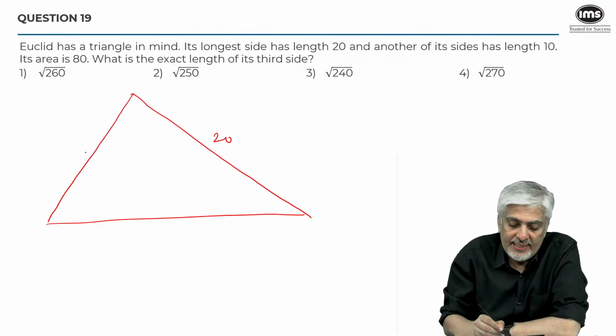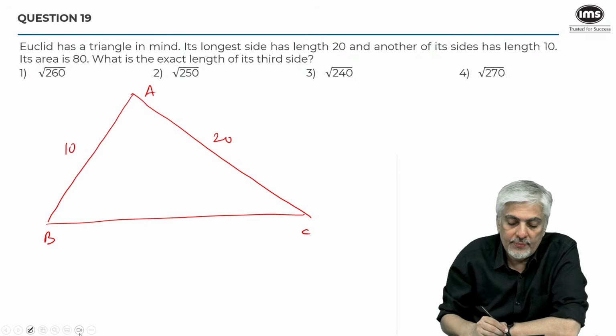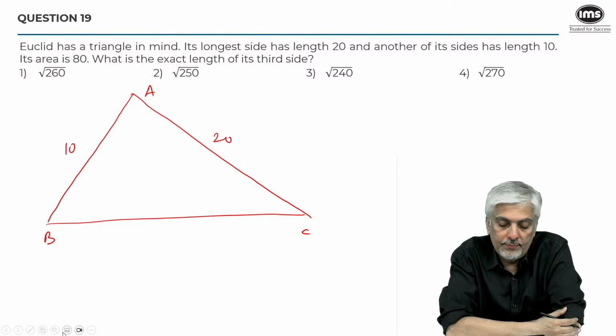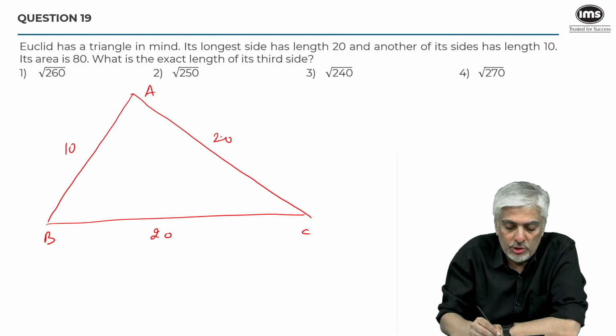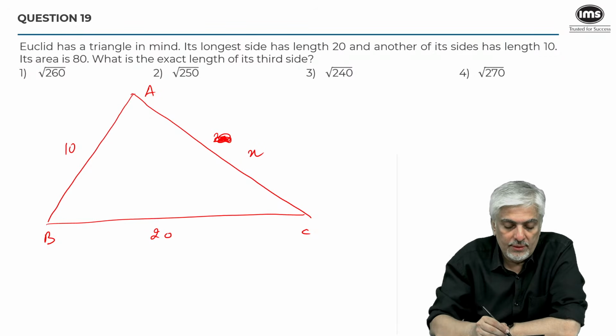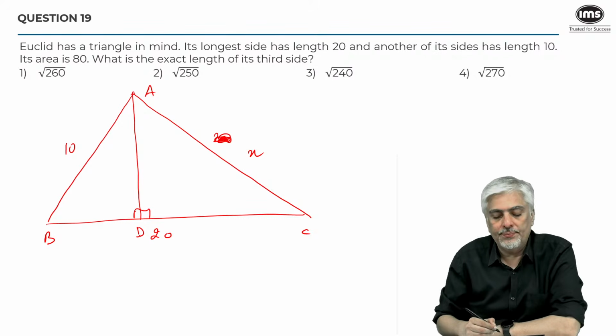This is 20, this is 10, assuming just random numbers A, B, C. Area is given 80. Okay, this is 20, sorry. I want to use the area to find the height. This is X. Drop a perpendicular from here, let's call it AD.